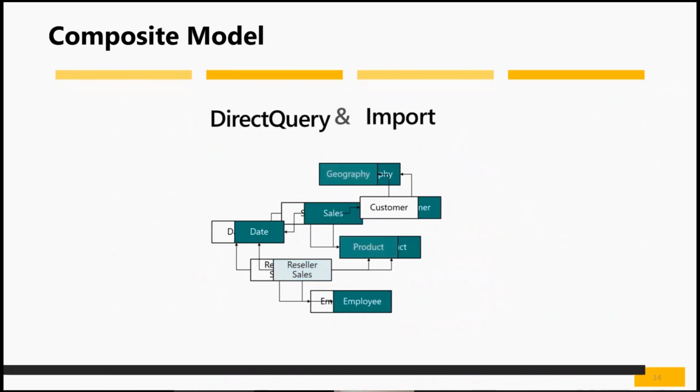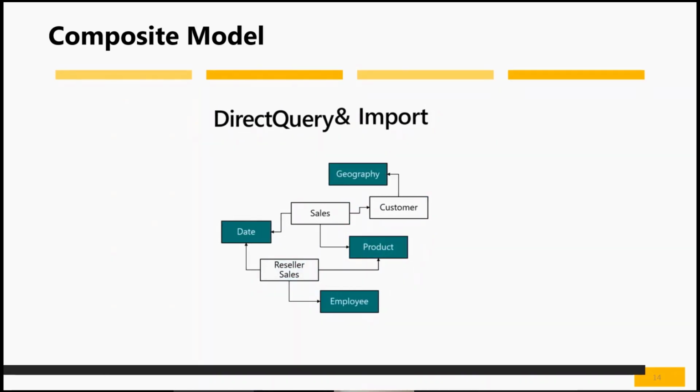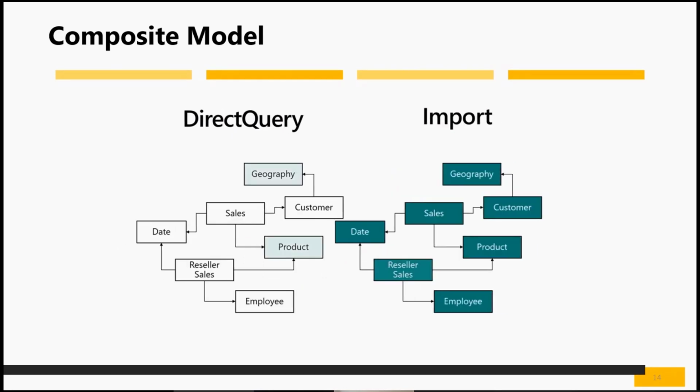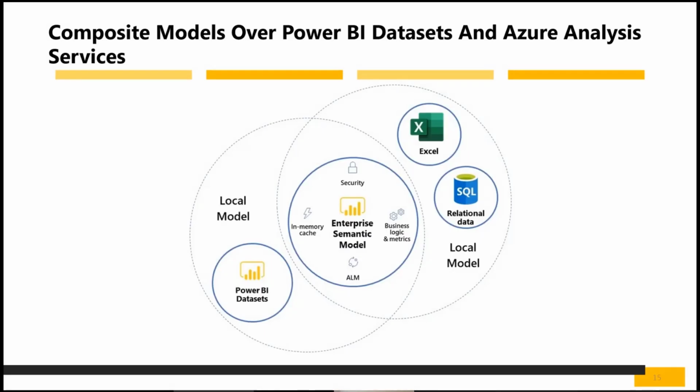And after this model, this release happened in November 2018, and this is the feature which I am talking about today, composite models of Power BI datasets and Azure Analysis Services.